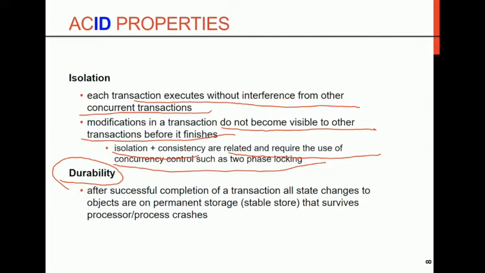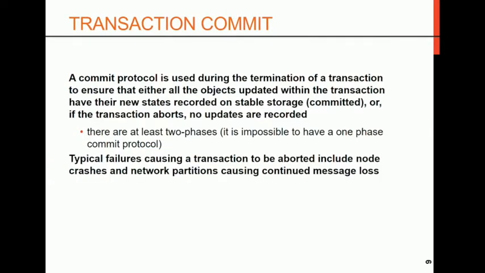After successful completion of a transaction, all state changes to objects are on permanent storage that survives any kind of crashes. One of the things that we use to enable transactions is called the transaction commit protocol. It's used during the termination of a transaction to ensure that either all object updates within the transaction have their new states recorded on stable storage, or if the transaction aborts, then no updates are recorded.